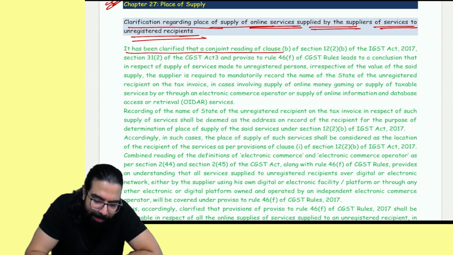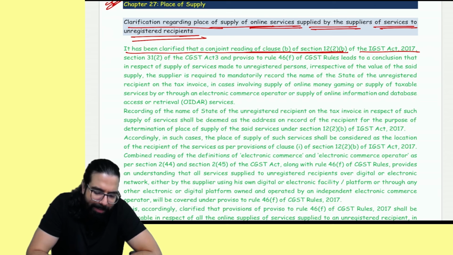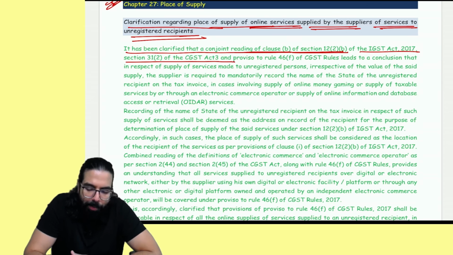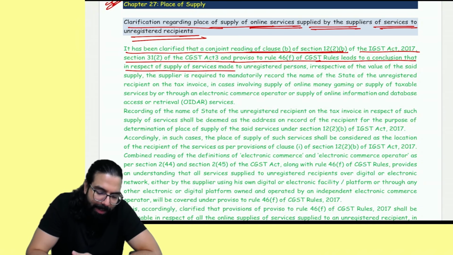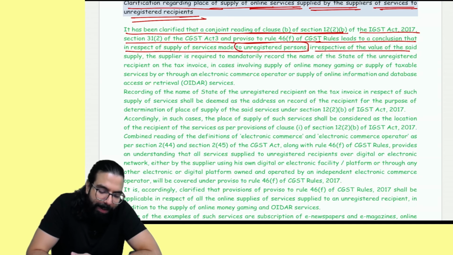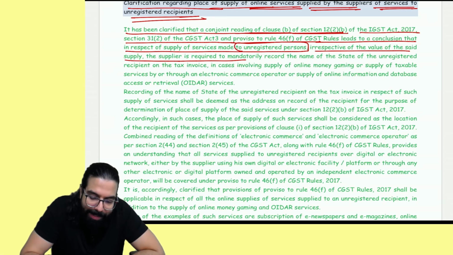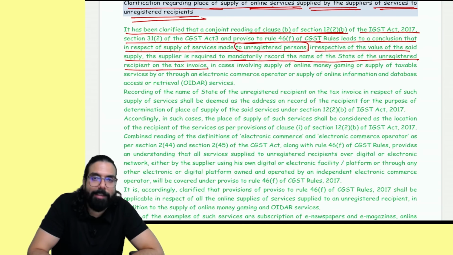It has been clarified that a conjoint reading of clause B of section 122B of the IGST Act, section 31(2) of the CGST Act, read with section 46F, leads to a conclusion that in respect of services provided to an unregistered person, irrespective of the value of supply of service, the said supplier is required to mandatorily record the name of the state of the unregistered recipient on the tax invoice.